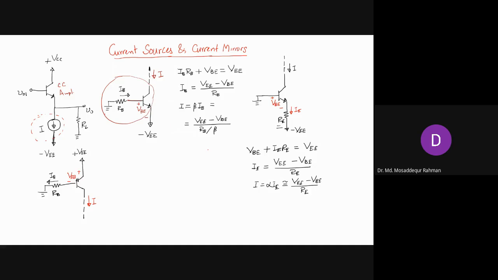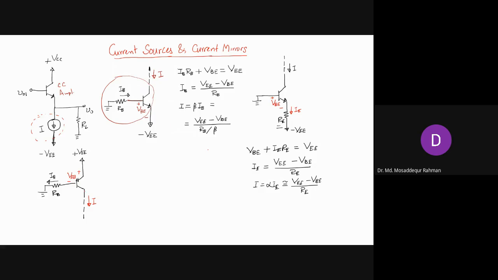Now the difference between the NPN and the PNP transistor current source is that in the NPN case, like here in the example, the current source is connected below the actual amplifier circuit. So this is pulling the current through the amplifier. Right? Current source is placed below the amplifier and is pulling the current through the amplifier circuit.